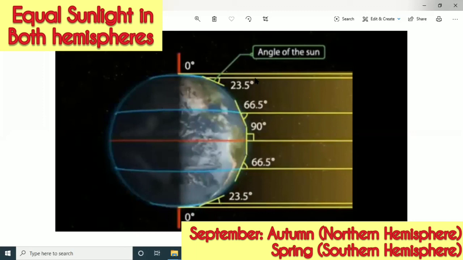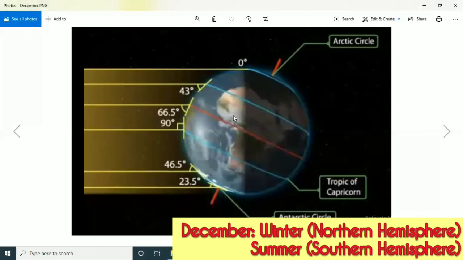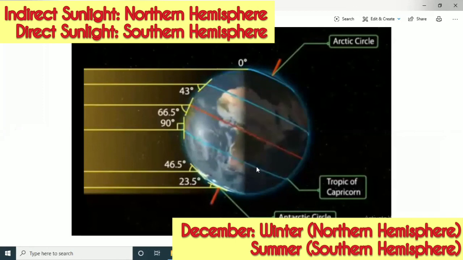Let's see what happens in winters during December. So this is December. So in December, you can see this is my equator and my Tropic of Capricorn is getting direct sunlight. Yes, this is at 90 degree. And so because of this, in December, my southern hemisphere has summers.